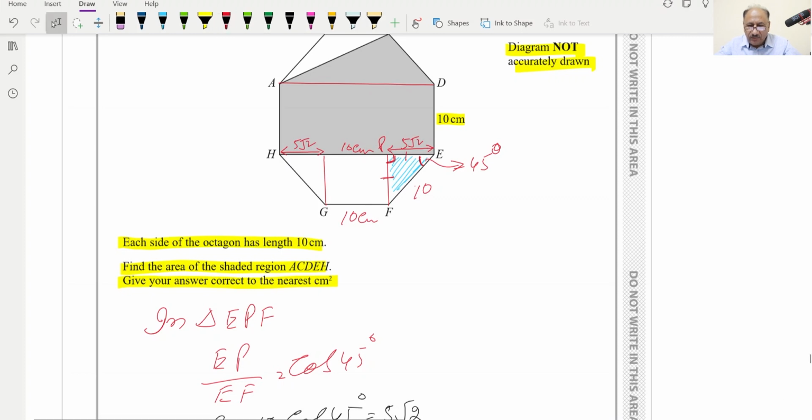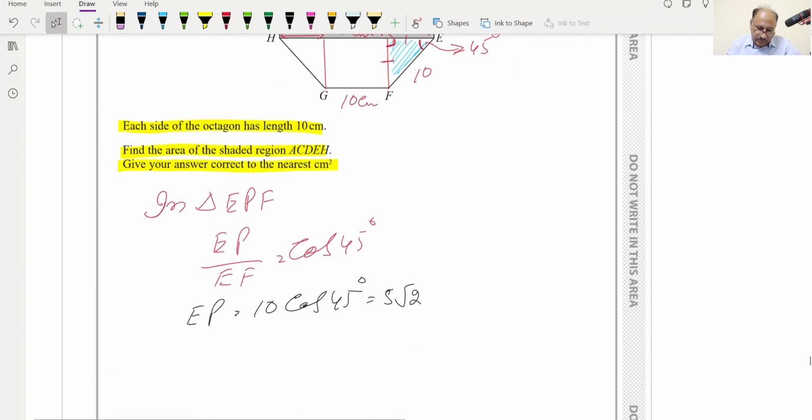So the total length HE will be equal to 5 under root 2 plus 10 plus 5 under root 2.